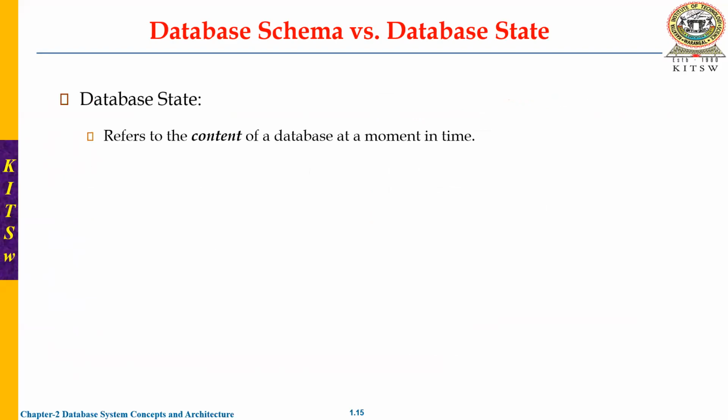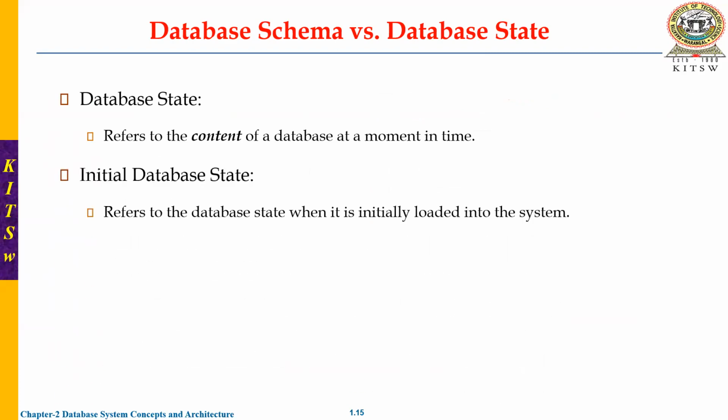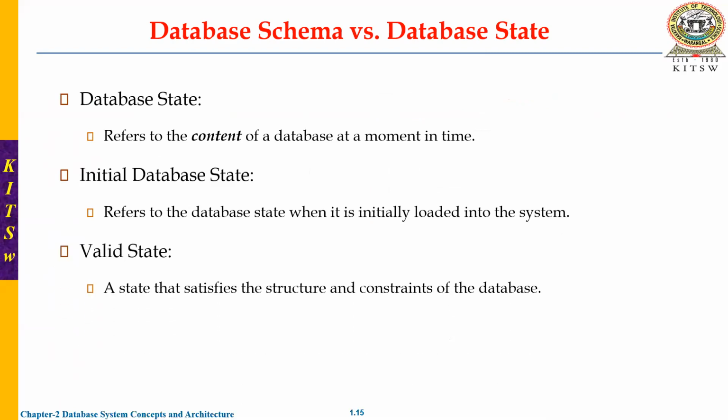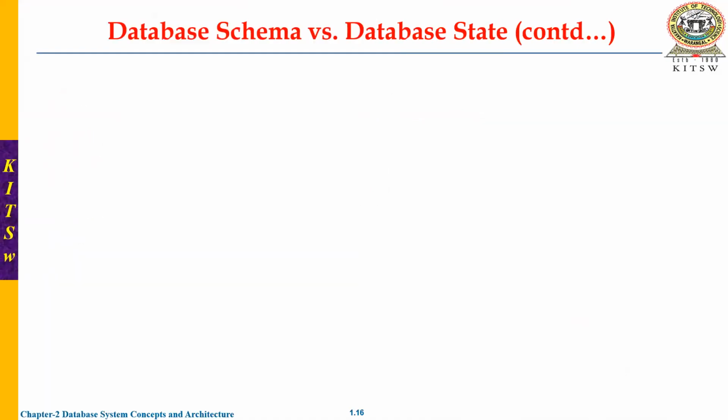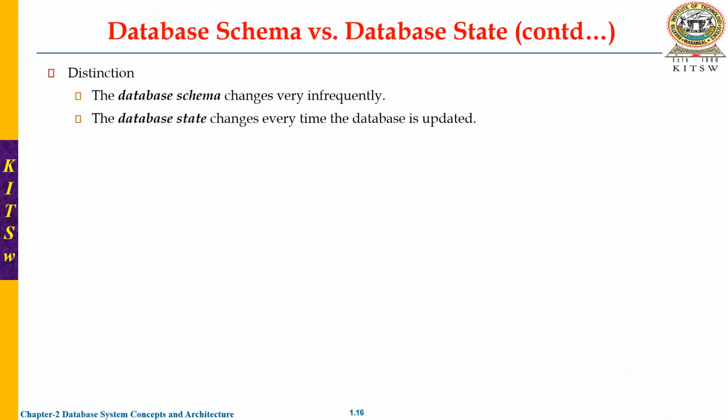Database state refers to the contents of a database at a particular moment in time. An initial database state refers to the database state when it is initially loaded into the system. A state that satisfies the structure and constraints of the database is called a valid state. The database schema changes very infrequently.